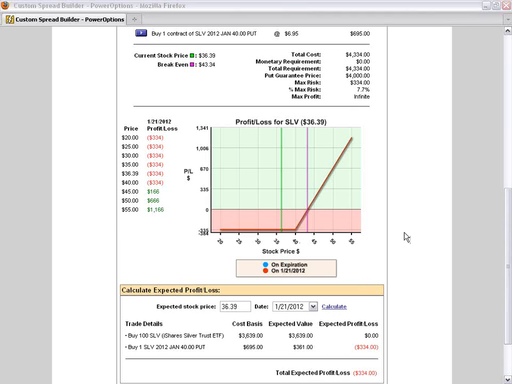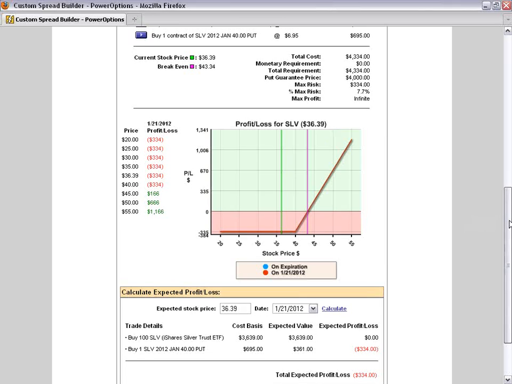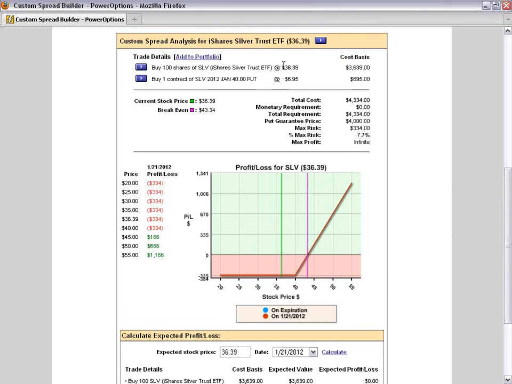If I have $5,000 to invest, well, let's take this SLW position, for example. If I wanted to put $5,000 into a trade right now, I'd be able to buy 100 shares at $36.39, maybe buy this January 40 put for $6.95, so my total investment would be $43.34. That dictates that I can only buy 100 shares of stock and one put contract.